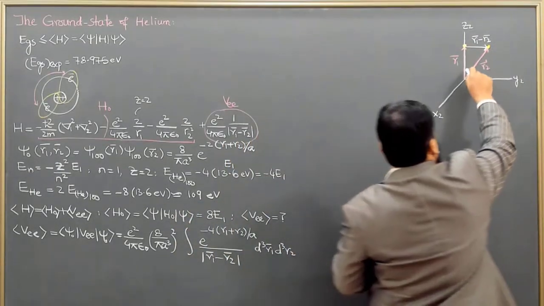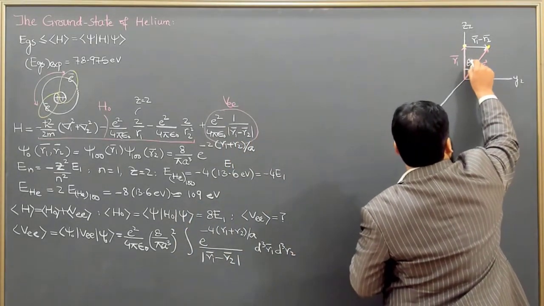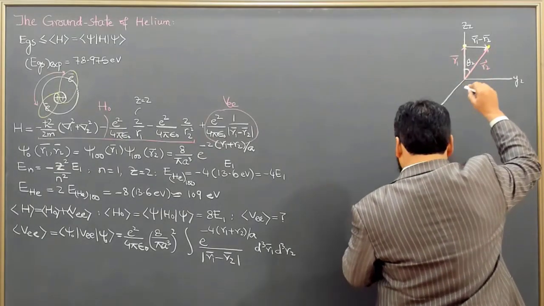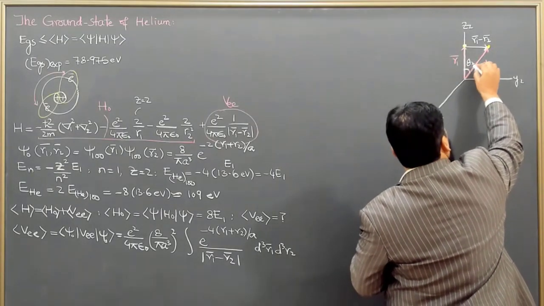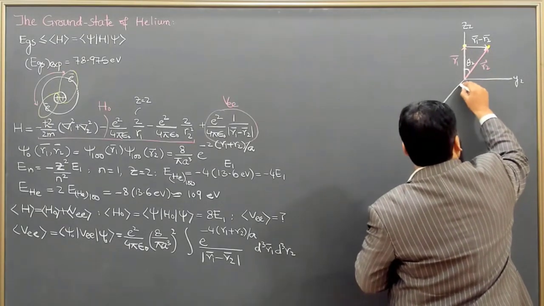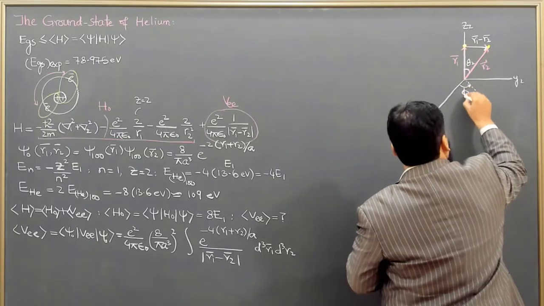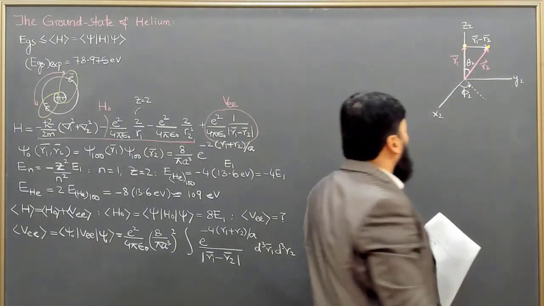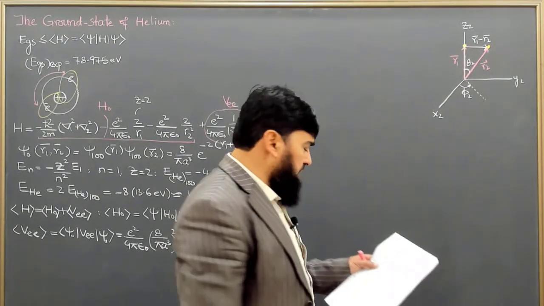Then this angle is theta 2, and when we take the projection of this vector, this angle is phi 2, because we will utilize spherical polar coordinates here.